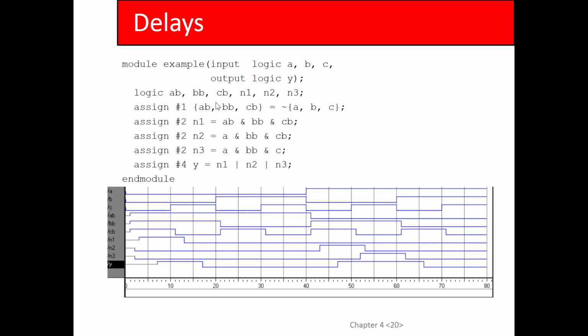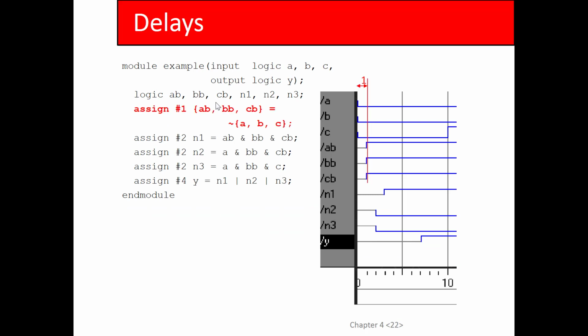But what's happening is that this is saying assign N1 after 2 units of delay. If you look at the timing diagram here, the authors zoomed in really tight. You can see that A changes at the beginning, and then CB is assigned as part of this group of 3 signals that are assigned.